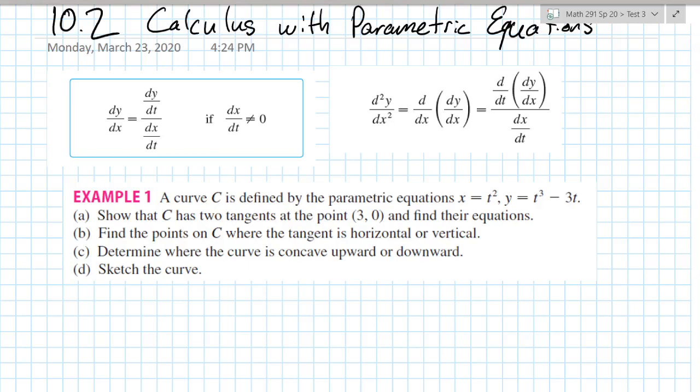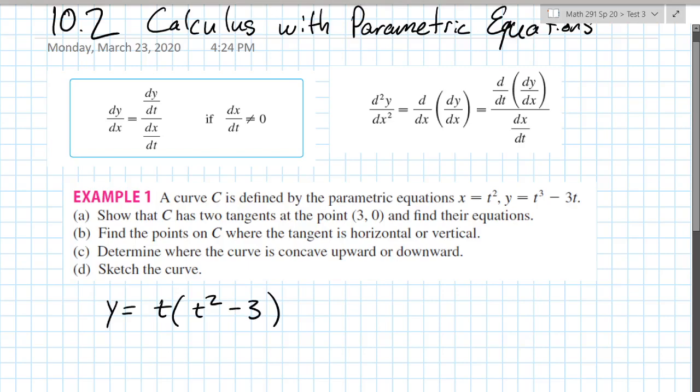And we can see that by taking a look at y. Notice y equals t times (t squared minus 3).